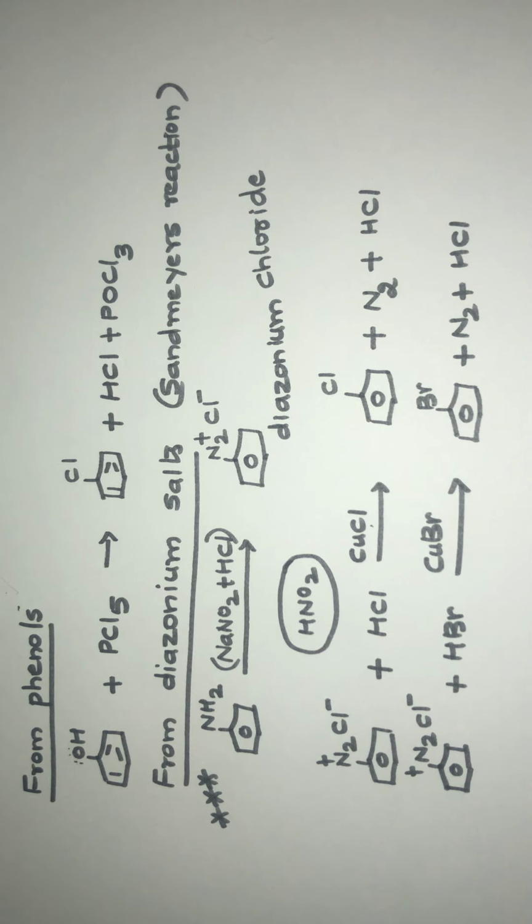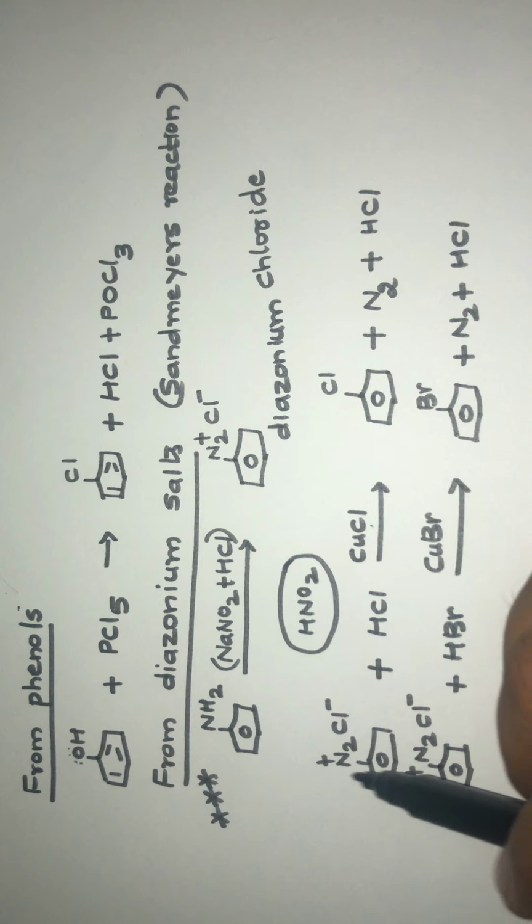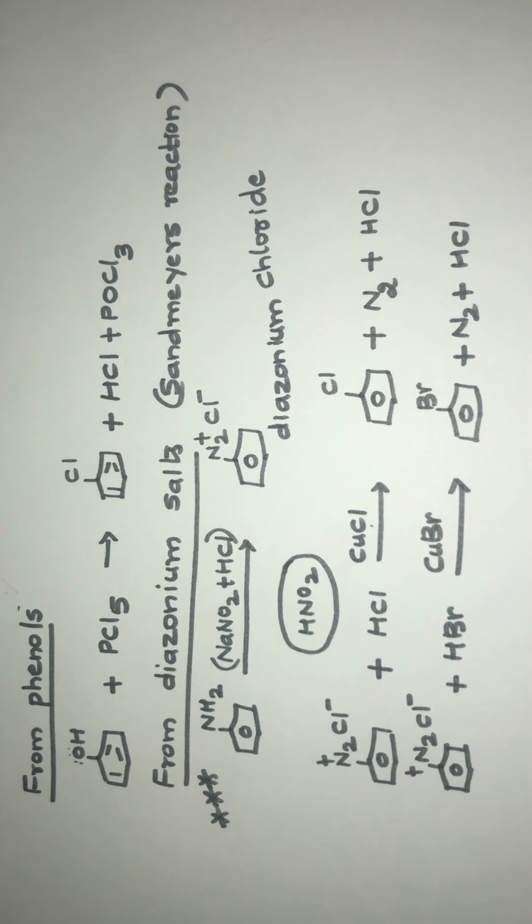There is a modified method of the above reaction, which is called the Gattermann reaction, which involves the use of copper powder instead of cuprous chloride or bromide.